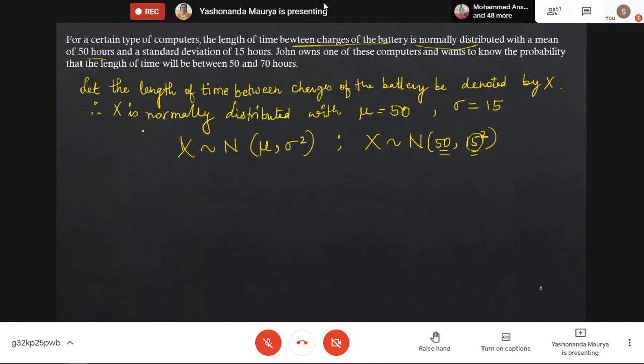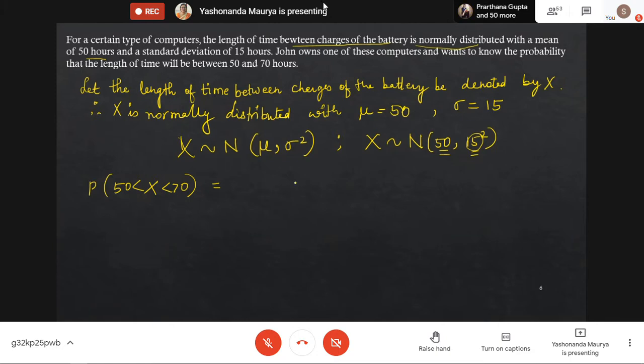Now, what is being asked over here is the length of the time. So it is asking about x lying between 50 and 70. What is the probability of this? Again, we cannot work with this arbitrary normal variable. We need to convert it to a standard normal variable.